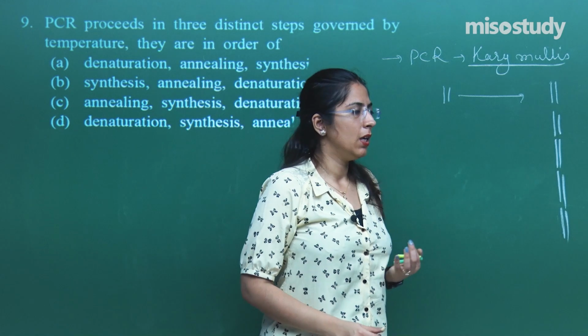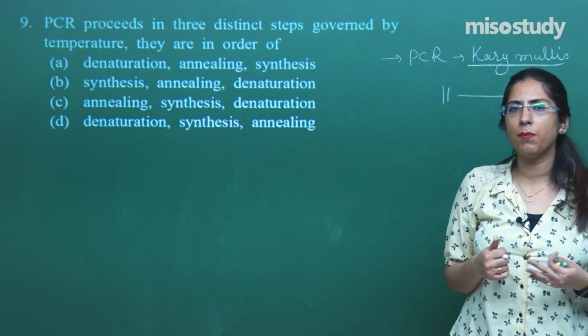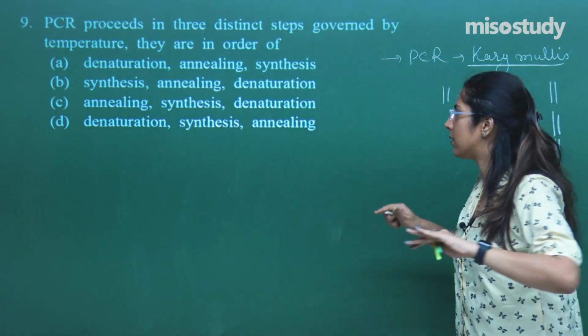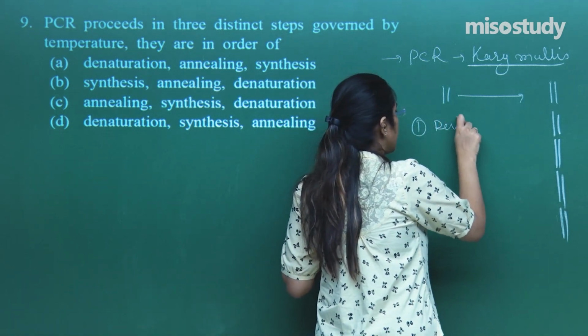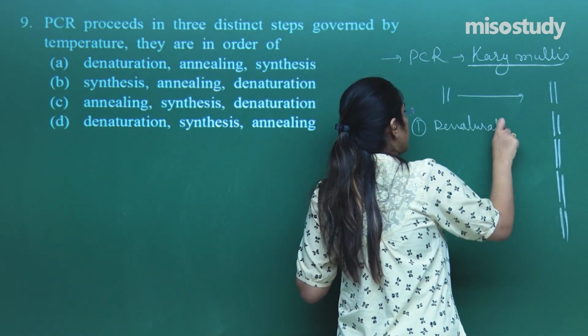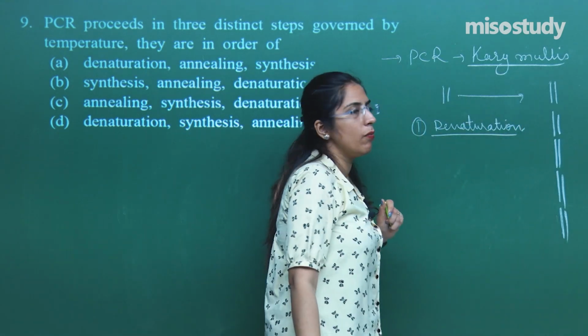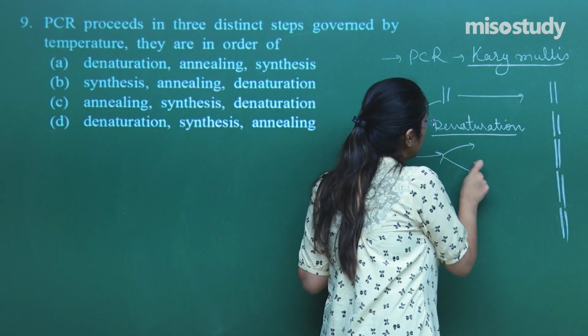The whole PCR method is based upon the following 3 steps. One is called denaturation, second is annealing, and third is synthesis. First is denaturation. In the denaturation process, if I have a double-stranded DNA, I make this double-stranded DNA into single-stranded DNA.